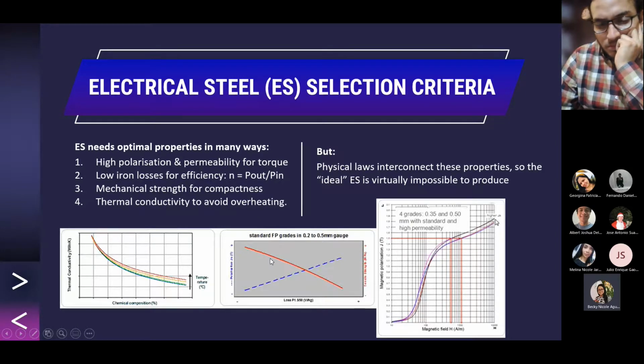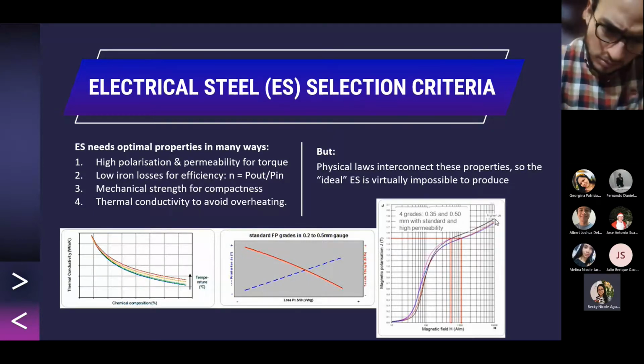Now, if it comes to reducing loss in steel, on the middle graph, if you put in more alloying elements, you will reduce the saturation polarization. So we're trying to make lower degrees of loss, but you are reducing the saturation polarization, which is not a good point.